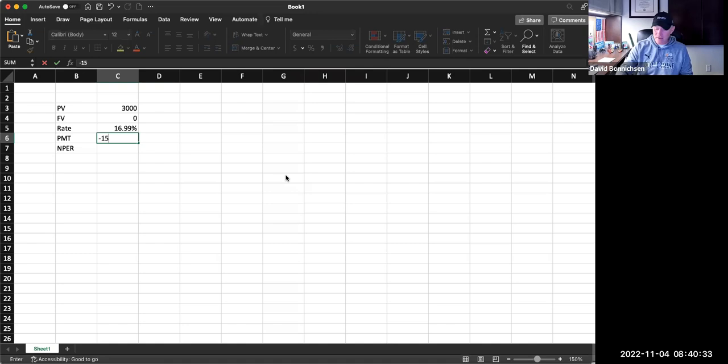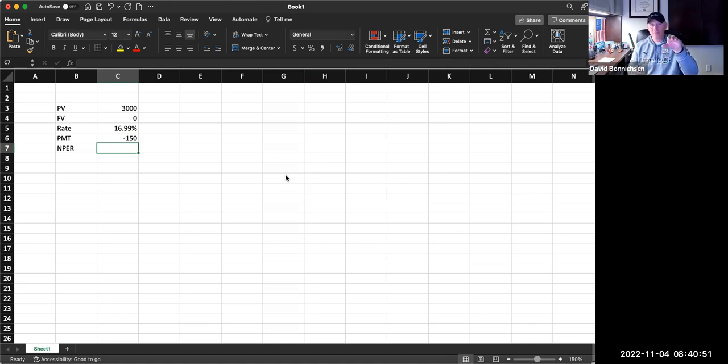So how many months is it going to take for me to pay this off if I don't add anything else to the card? That's crucial. Assumption number 1, you're not adding to the card. I just want to pay off my $3,000 balance at a 16.99% APR, and I'm making a $150 a month payment. So equals NPER.